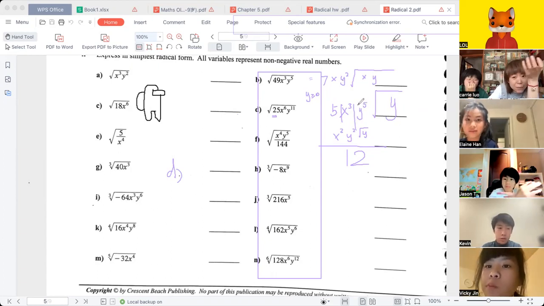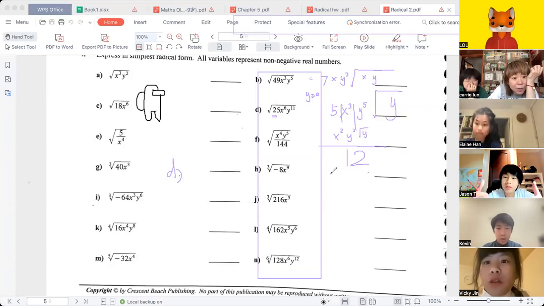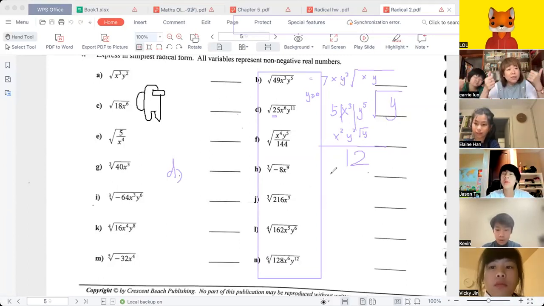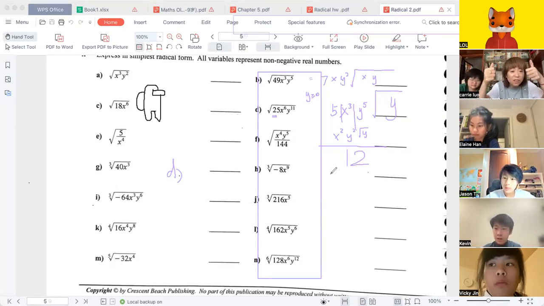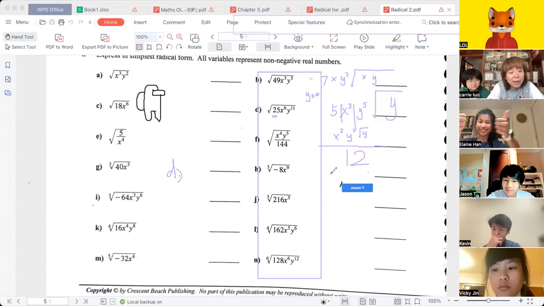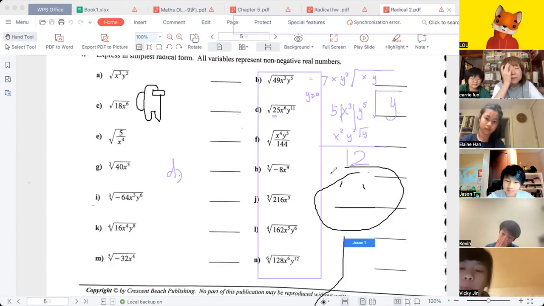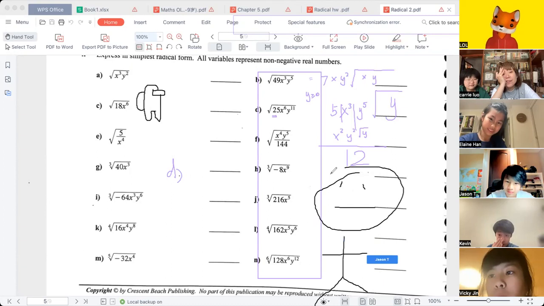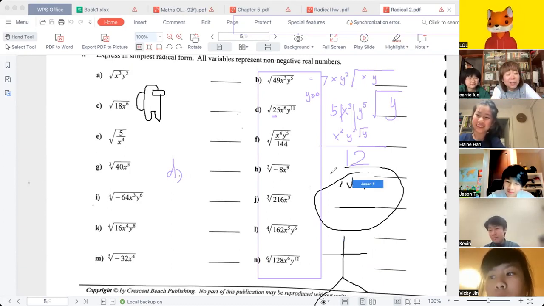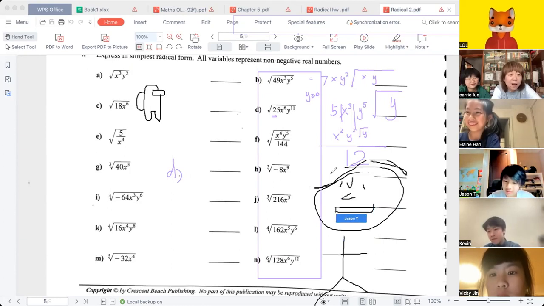Do you understand? Andy, I can't see your gesture because you have no hands, you're a fox. Wait, why can't my hand move? Because the Zoom people didn't design hands for the fox. They were lazy. Andy is Indian now, when he understands he shakes his head. Andy, do you understand?